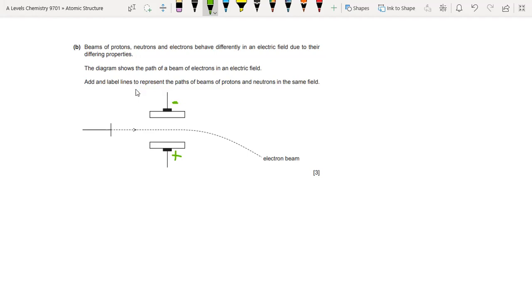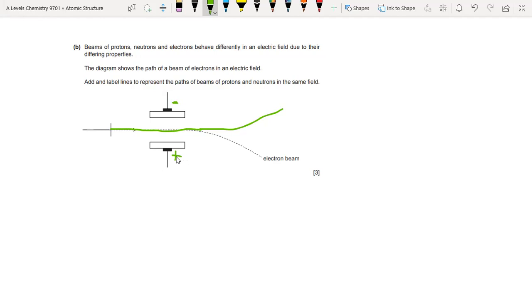Then what will be the direction of the beam of protons and neutrons here in this electric field? If a proton is passed through this electric field, it will deflect toward the negative plate due to the attraction of positive charge toward the negative plate.